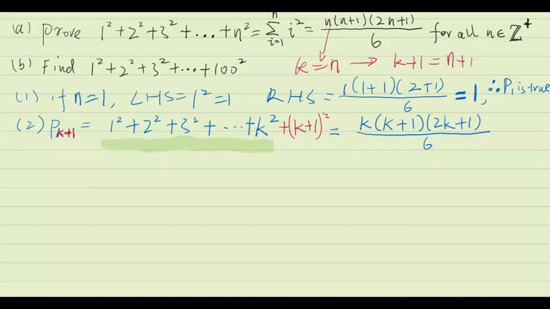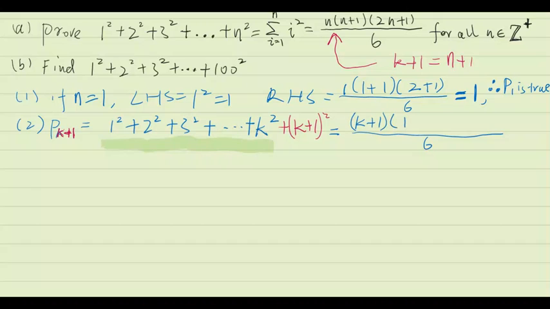Now let's see the right-hand side, because we use k plus 1 to replace n. That's the next number of n. So we need to use k plus 1 to replace the same place as k and n was. n will be k plus 1, and 2n will be 2 times k plus 1, plus 1.